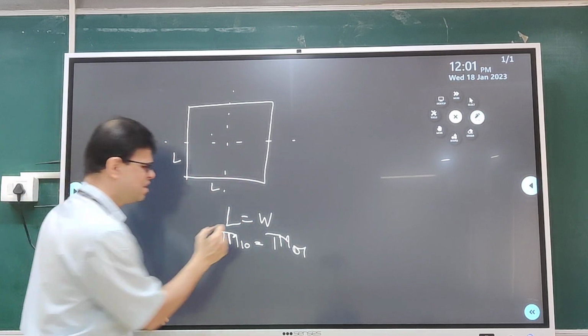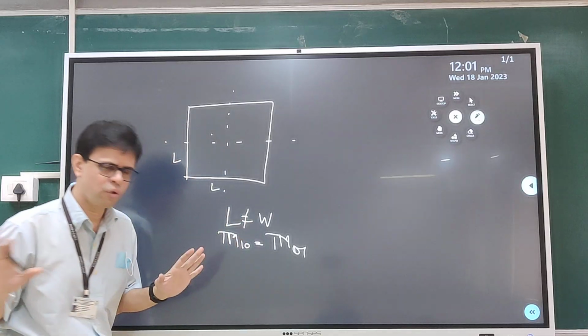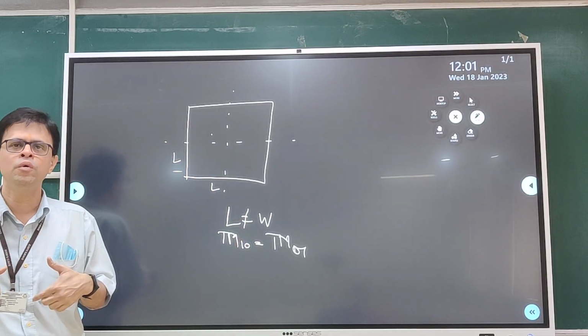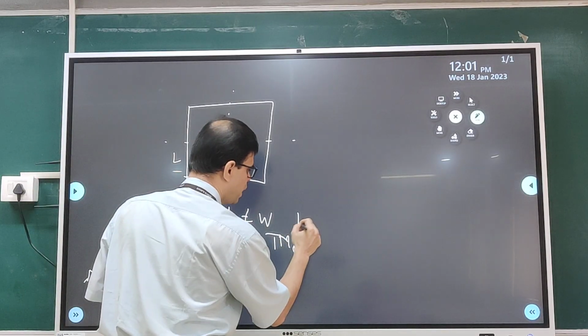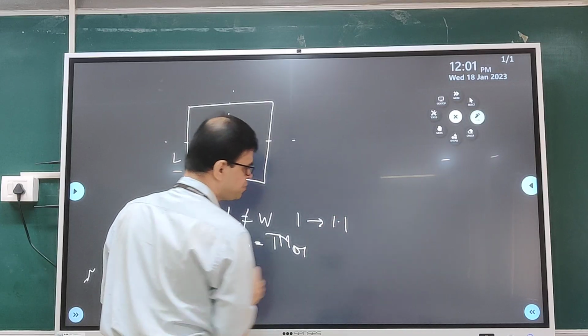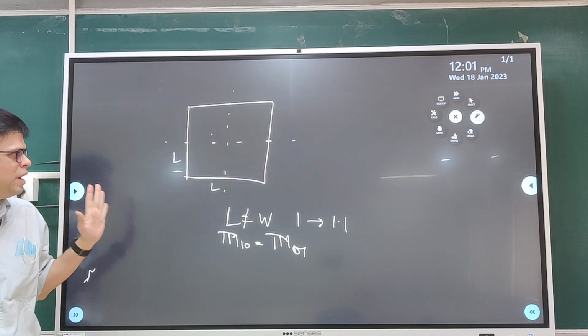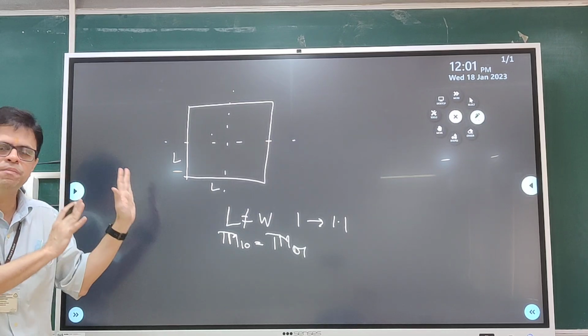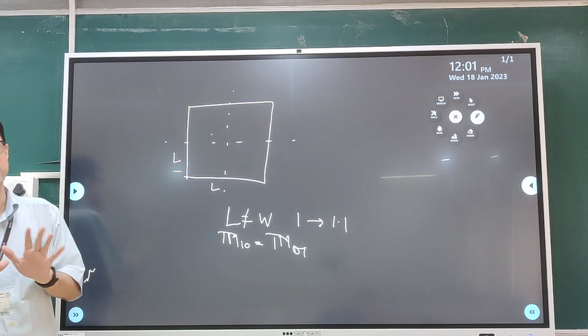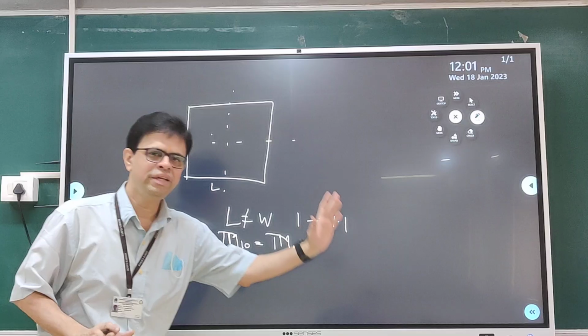You can have a nearly square patch also, where L by W is within 1 to 1.1. I am explaining this with respect to a square patch, and the same explanation is valid for a nearly square patch also.